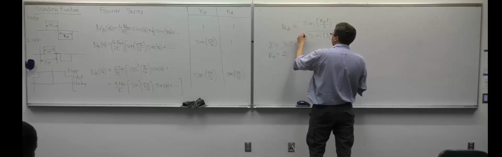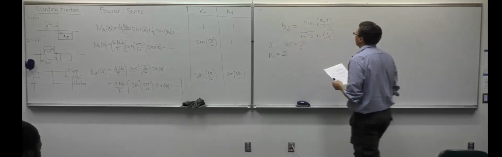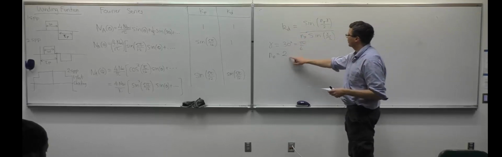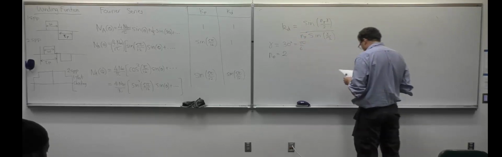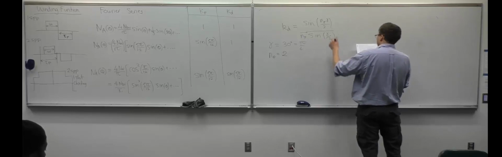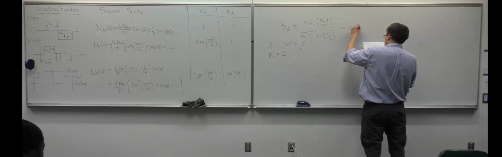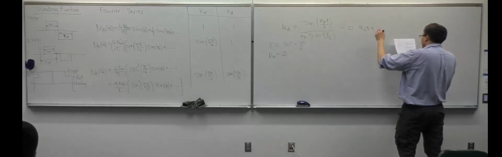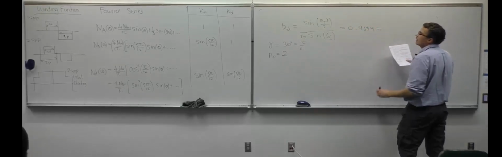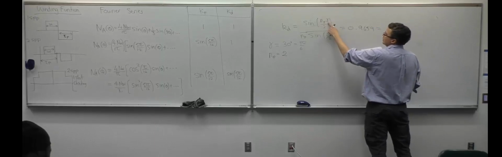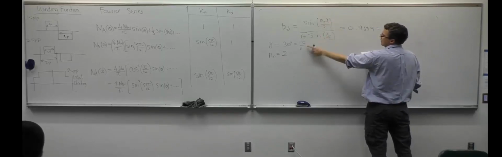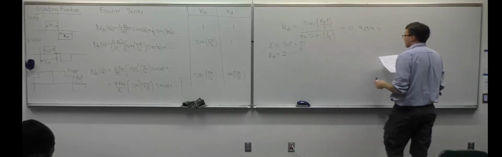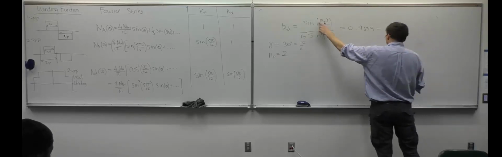This is NP here. So when we put this in, we get out 0.9659, which is actually equal to, putting gamma in here, we get pi over 12, and NP is 2.